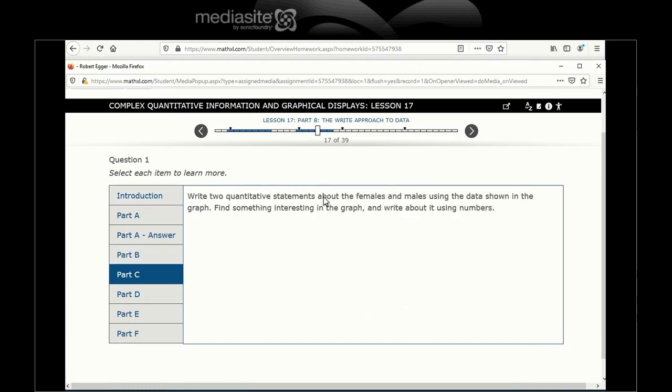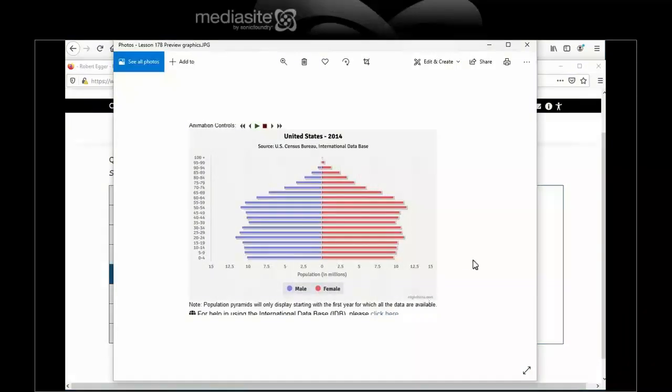Write 2 quantitative statements about the females and males using the data shown in the graphs. Find something interesting in the graphic and write about it using numbers. 2 quantitative, so 2 sets of numbers. Well, like I said, it appears to be about a 50-50 population split for the most part.